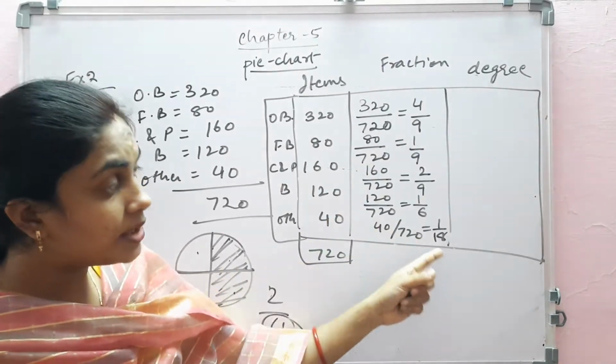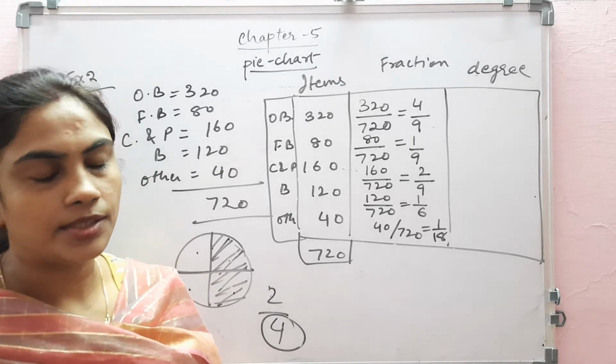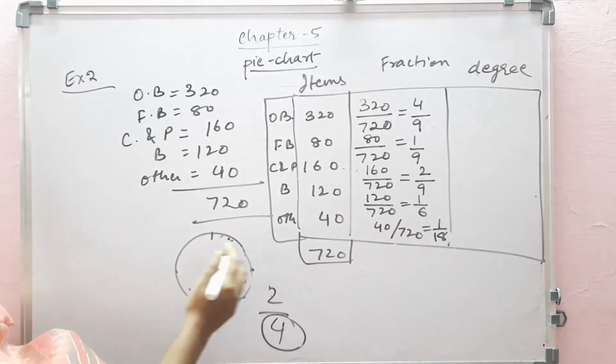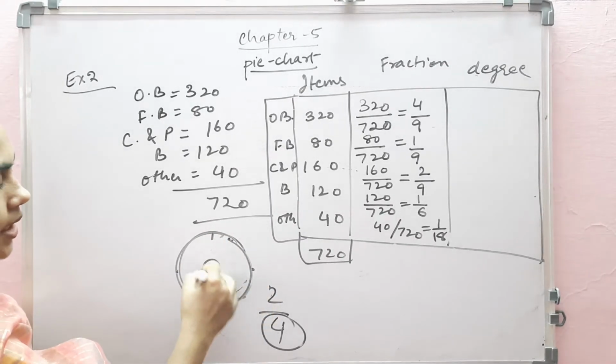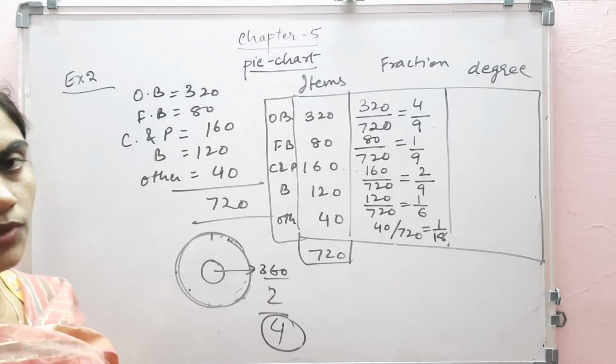Now we will convert the fraction into degrees. How can we convert into degrees? Suppose this is a circle. If this is a circle, then the total angle here is 360 degrees. So the same we will do here.